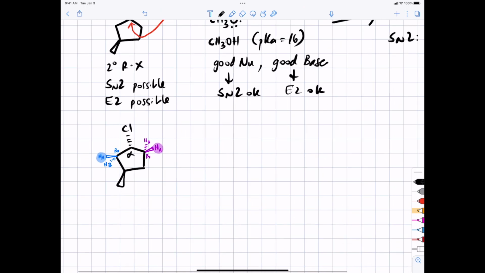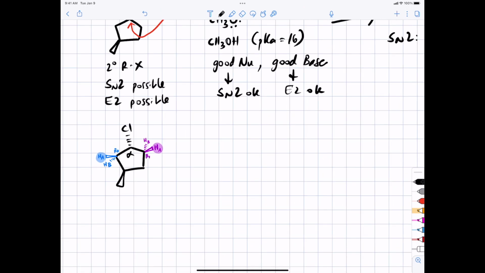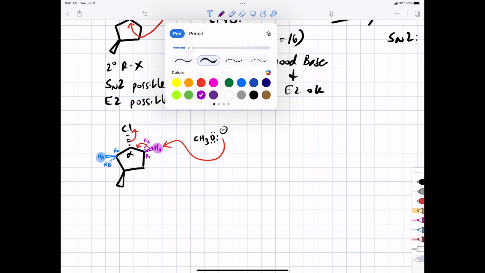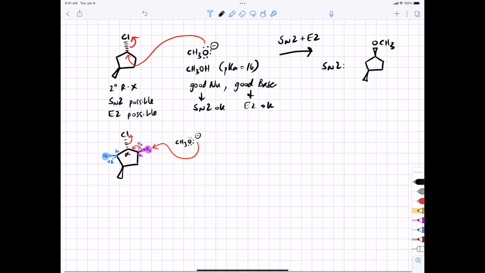So we can show two potential products. One we would get by removing purple proton A, kicking electrons down to form a pi bond, and the leaving group leaves. So I will draw that E2 product in purple.